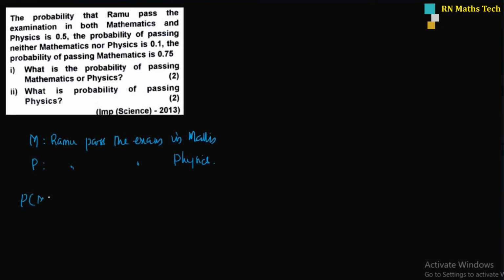P of M intersection P is equal to 0.5. The probability of passing neither maths nor physics, P of M dash intersection P dash, neither nor, അത് 0.1 ആണ്. And probability of passing maths, P of M, 0.75 ആണ്.